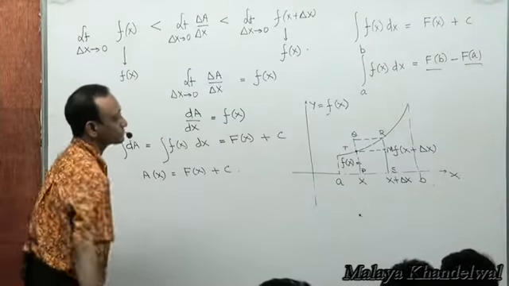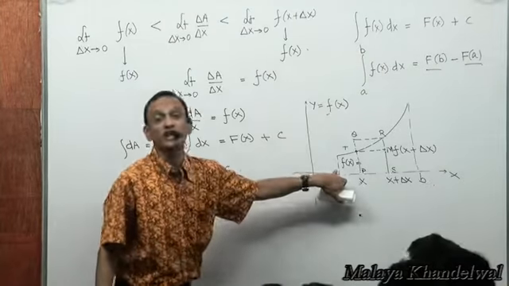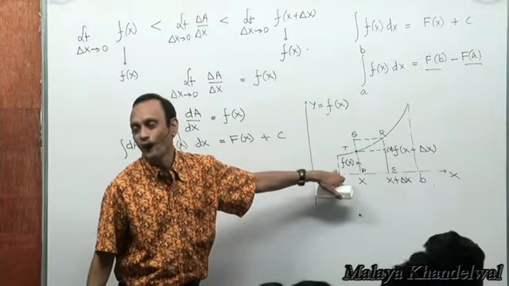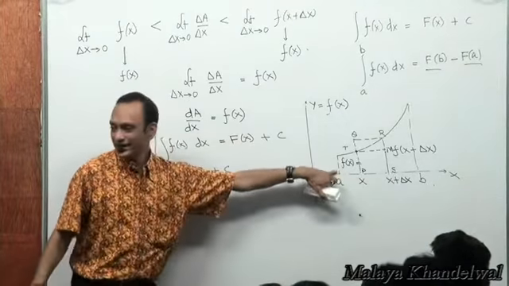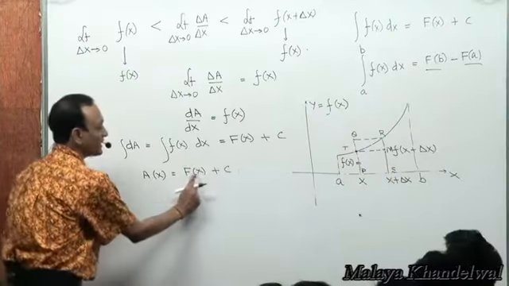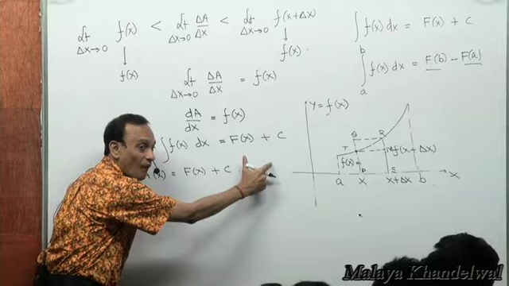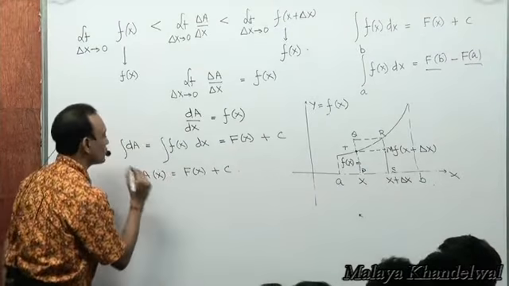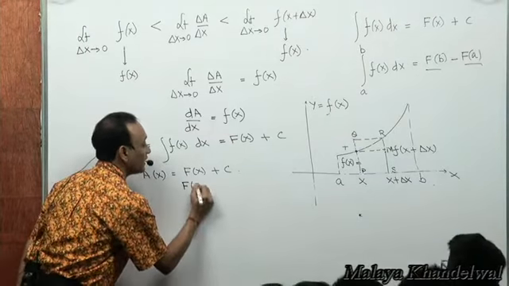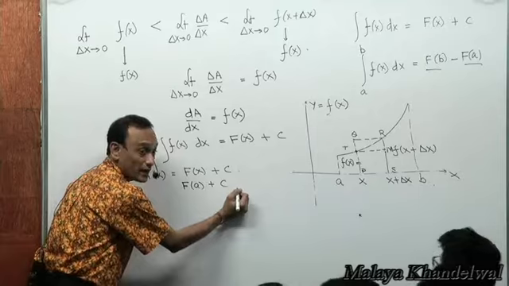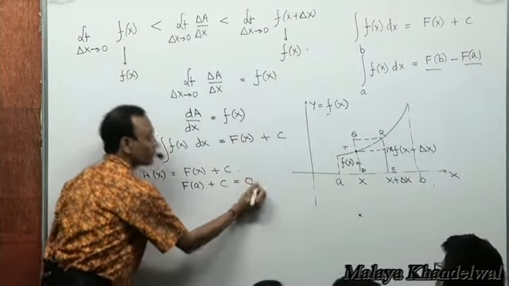Now, for example, if I take x equal to a, what's the area up to a? Zero. If x equals a, the area will be 0. That means if I plug in x equal to a here, this number will turn out to be 0. Yes or no? So F(a) plus C, which is the area up to x equal to a, must be 0.